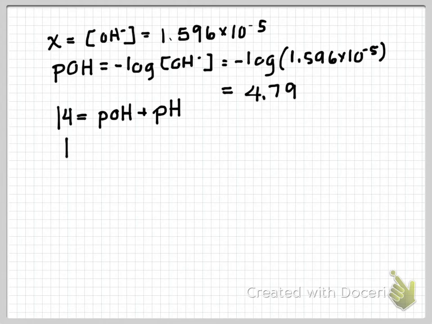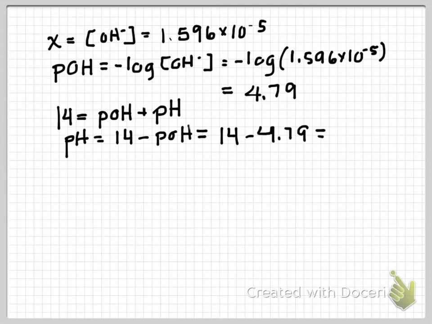Therefore, pH equals 14 minus pOH. So 14 minus 4.79 gives me a pH of 9.20.